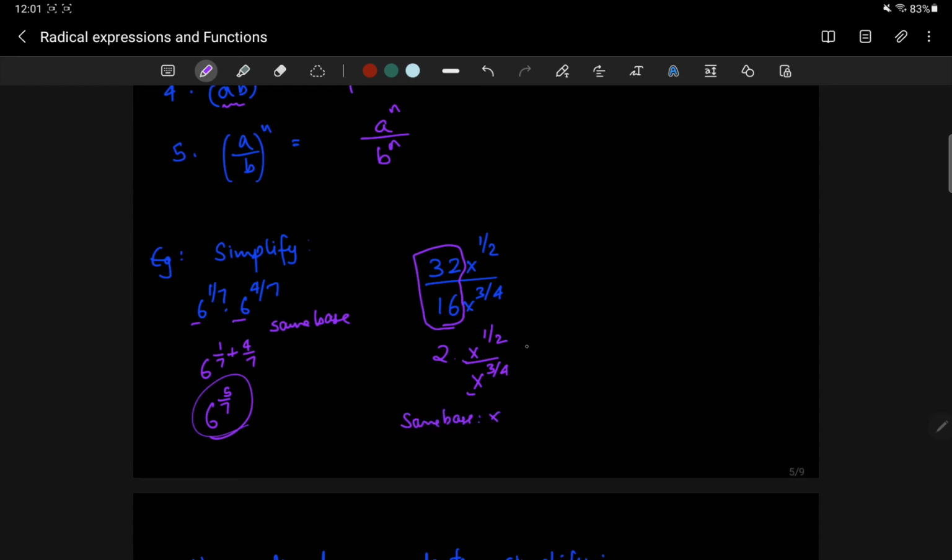So this comes out to x to the 1/2 minus 3/4 because it's a division. When you subtract 1/2 and 3/4, you make the common denominator 4, and this is 2 minus 3. So this is 2 times x to the negative 1/4. Okay, so this entire fraction simplifies to become 2 times x to the negative 1/4.